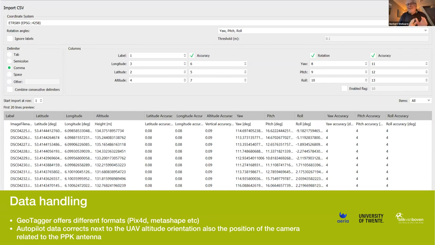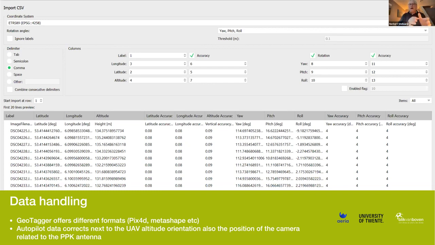And what we really liked of Atmos is that the geochecker offers you separate types of files. So if you are like us, a user of Metashape, you will have a data file which is also named Metashape. And if you open that one, you will have a document like this, in which you can also see the correcting of the accuracy based on the yaw, the pitch, the roll, that kind of stuff.